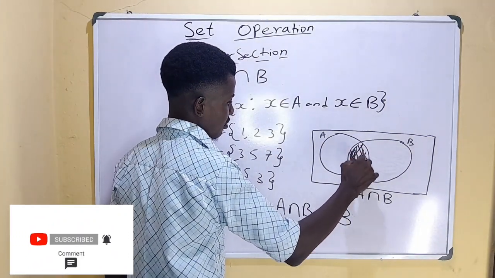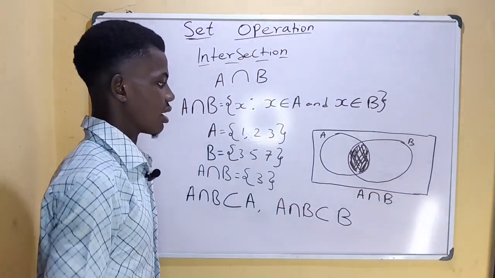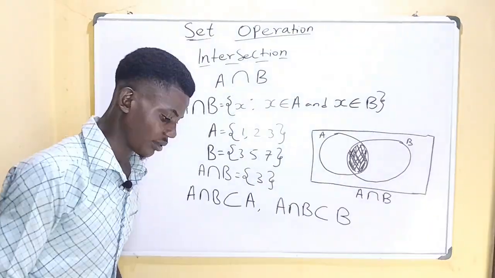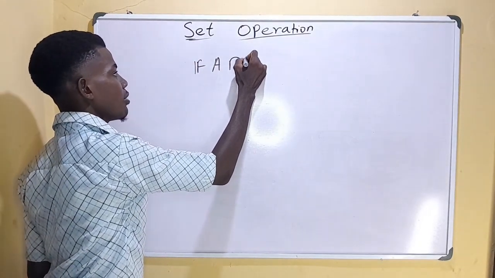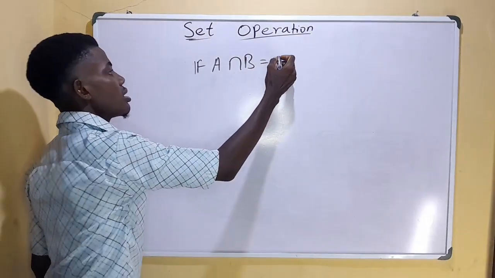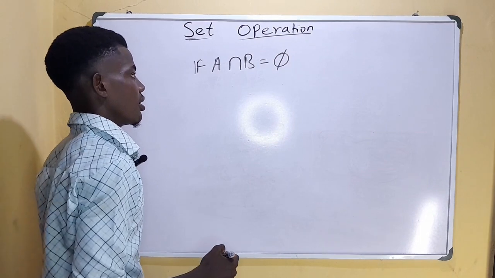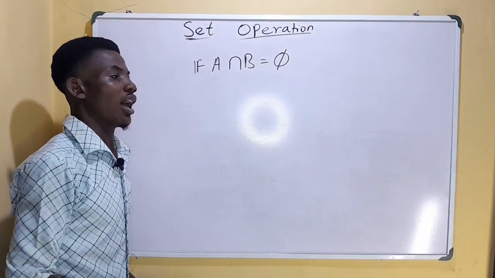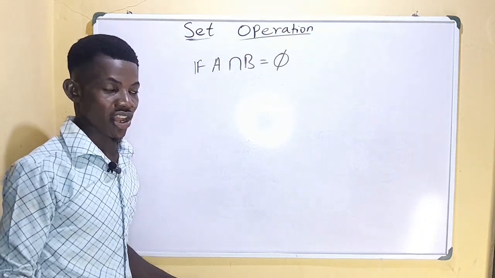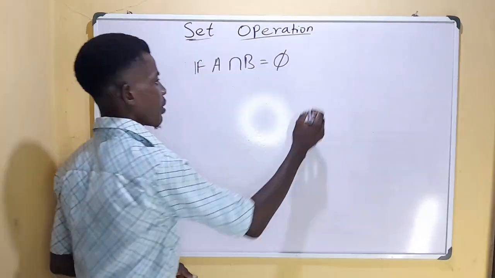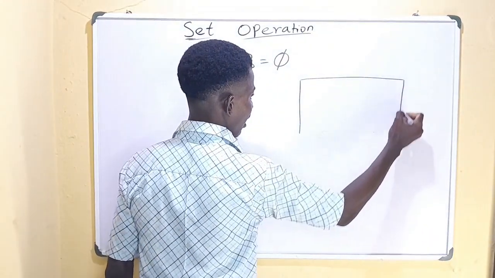This place is the intersection. If A intersection B is equal to a null set, it means that A and B have no element in common.